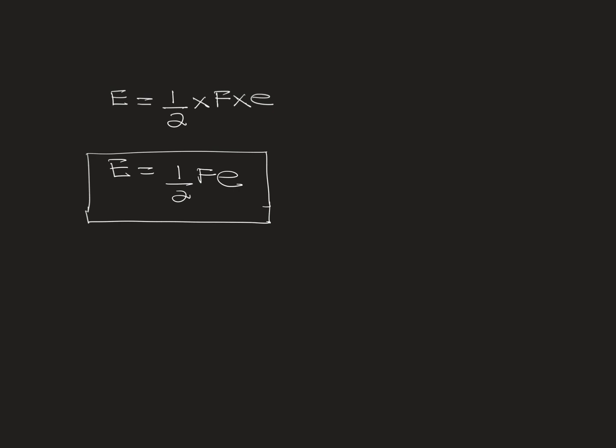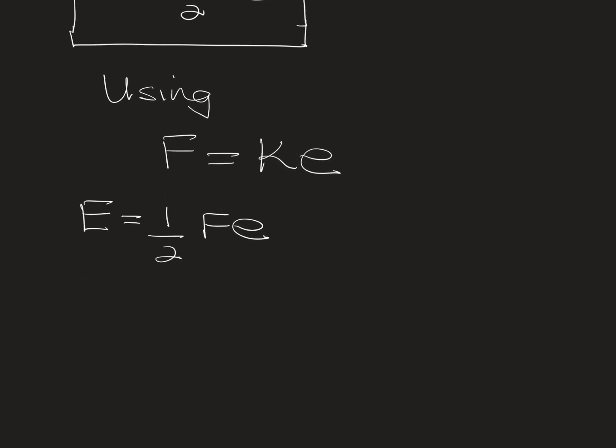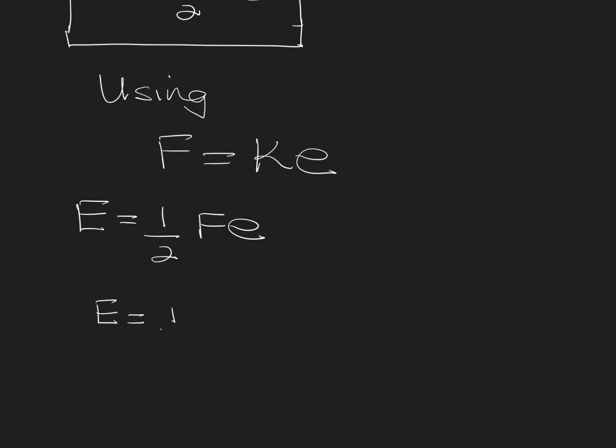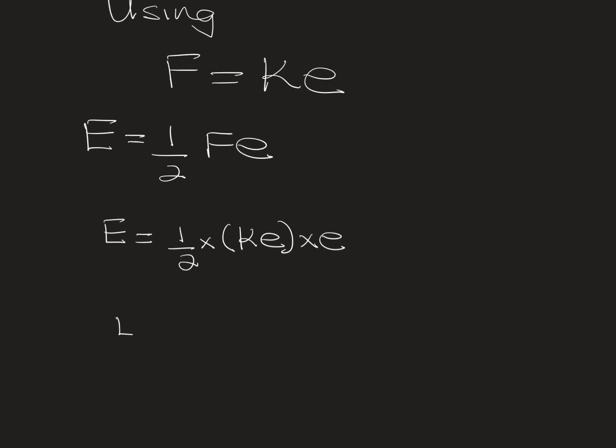But we know that from Hooke's law, F is equal to ke, it means that instead of F, I can replace ke. Then if we have E equals half Fe, E will be equal to half, force is what? ke, then multiplied by e, we will have E is equal to half ke squared, because e times e will be e squared.